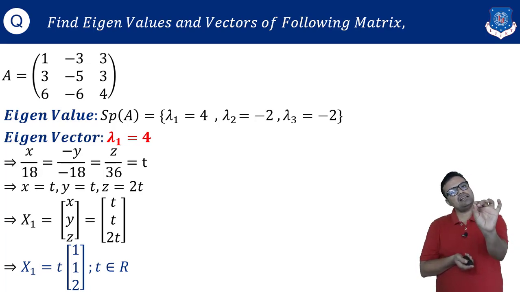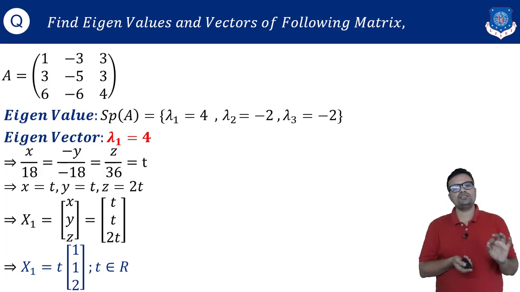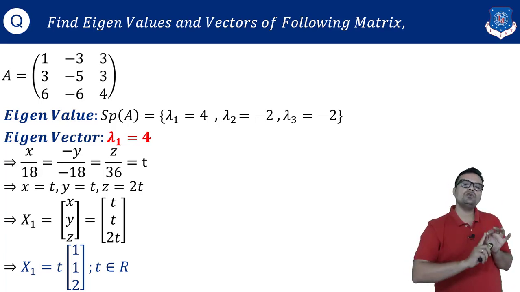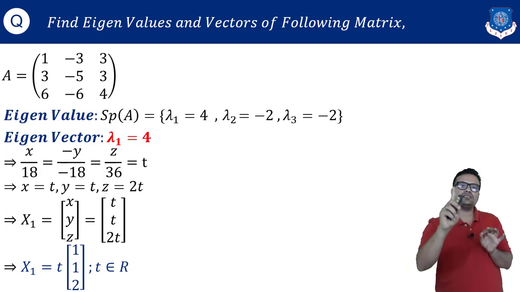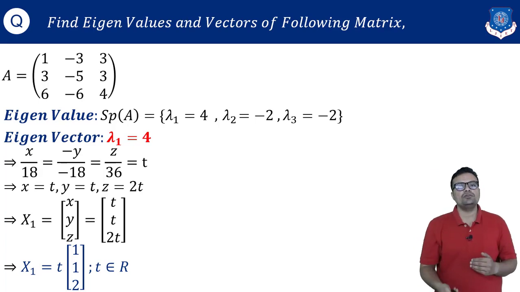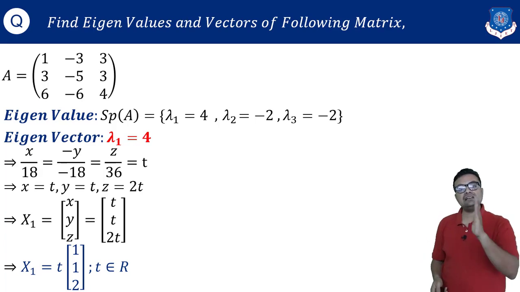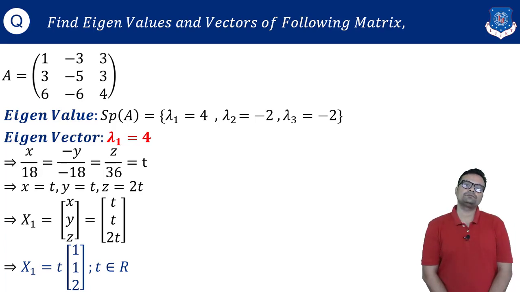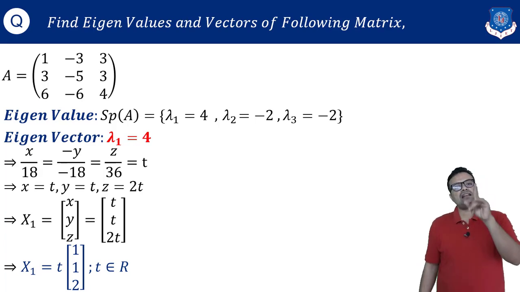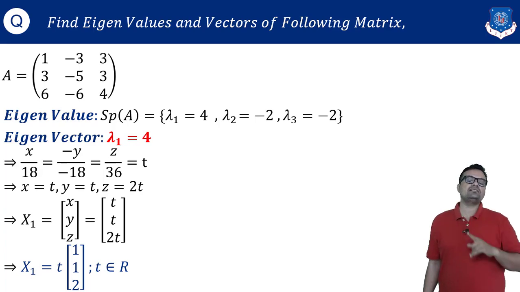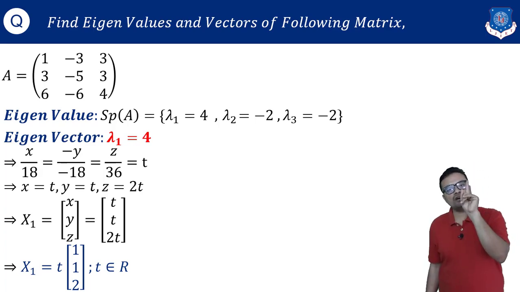If you join this point 1, 1, 2 with the origin, it gives you a direction in which, after transformation, your vectors are not changing direction, but they are just scaled by a factor of 4.